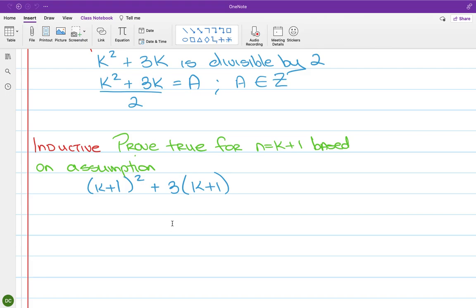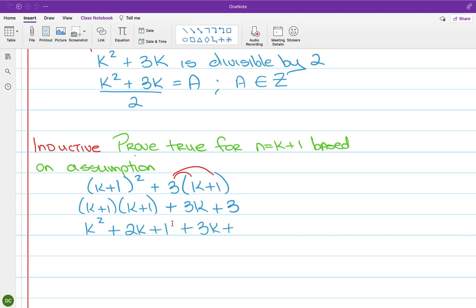If I expand, I've got k plus 1 squared, and this is 3k plus 3, and that was not an equals, it was a plus. Yeah, so I did that. This one then becomes k squared plus 2k plus 1 plus 3k plus 3. Adding the families, I get k squared plus 5k plus 4.